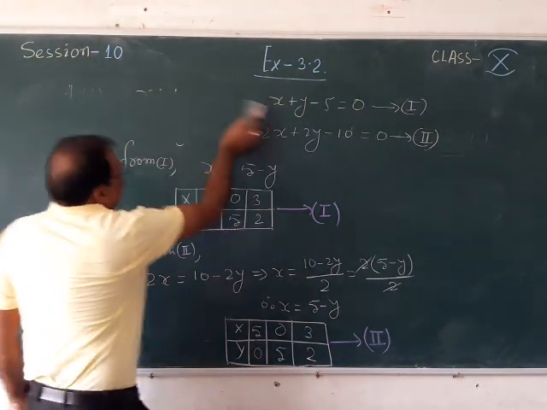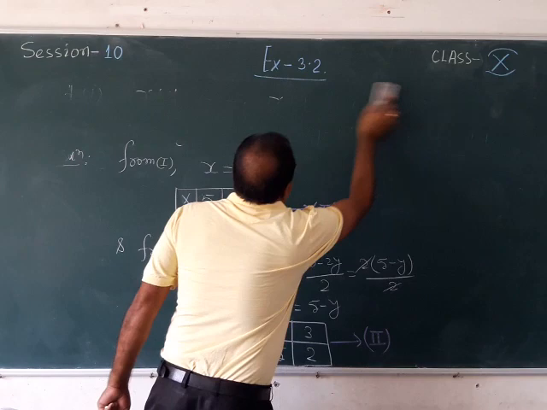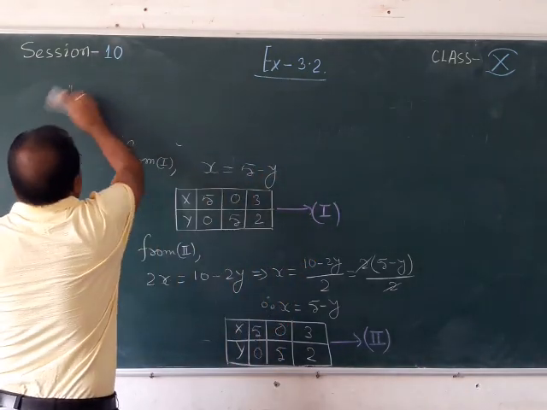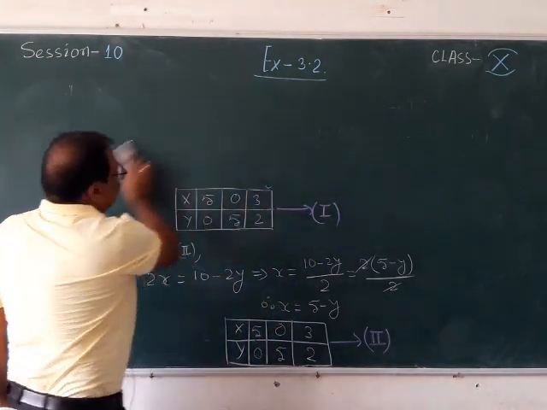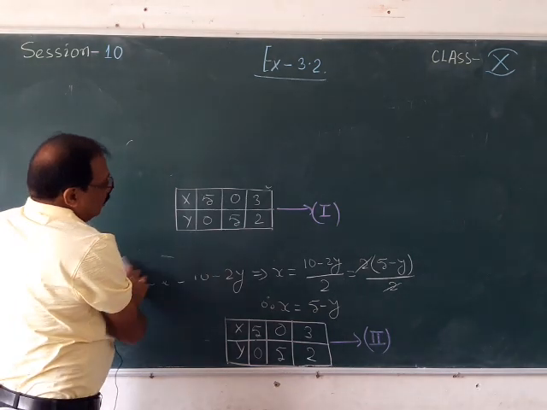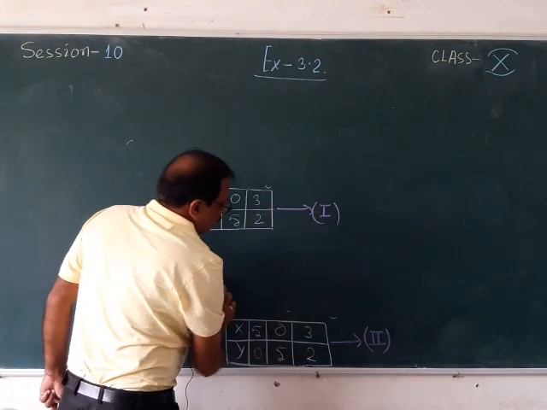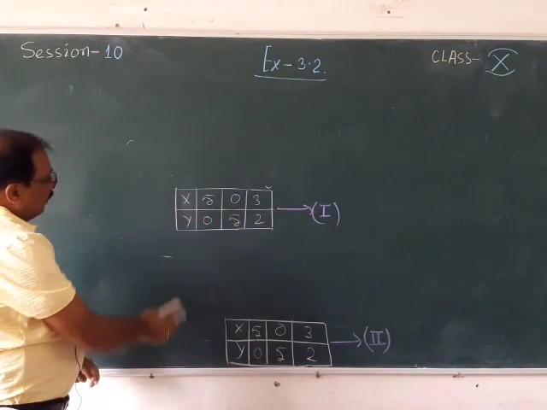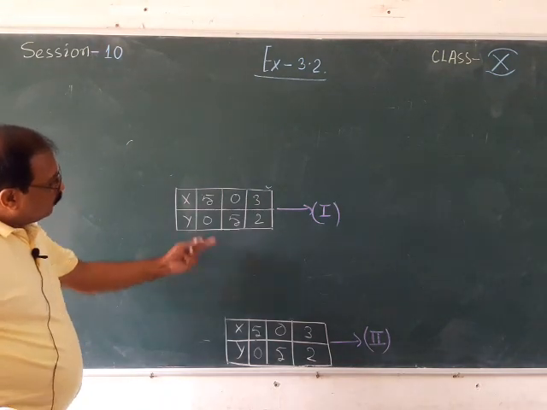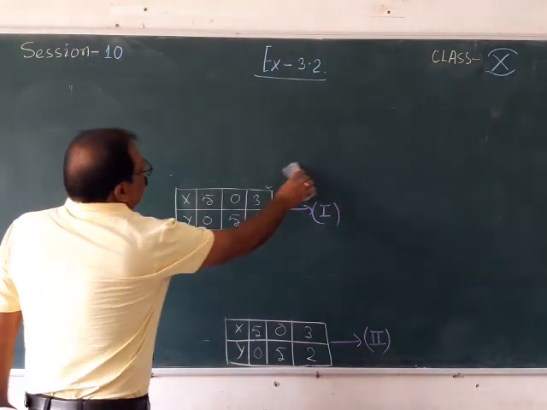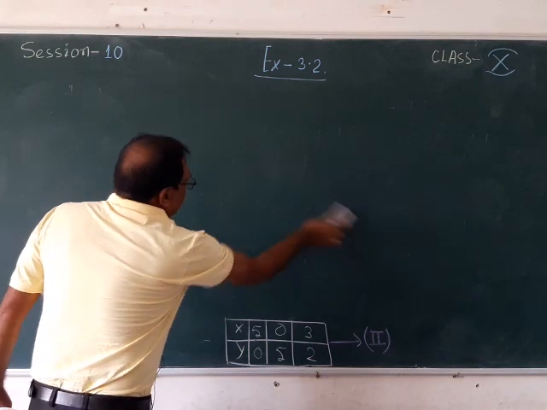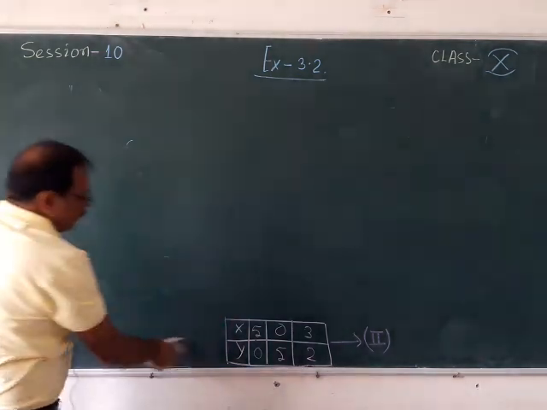Let me draw the graph here on the board, but you will be using your graph sheet. So here 2 solutions are there, this is the first and this is the second, and both are the same values as you have seen already.